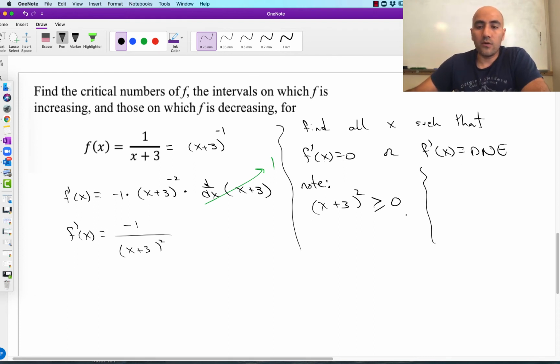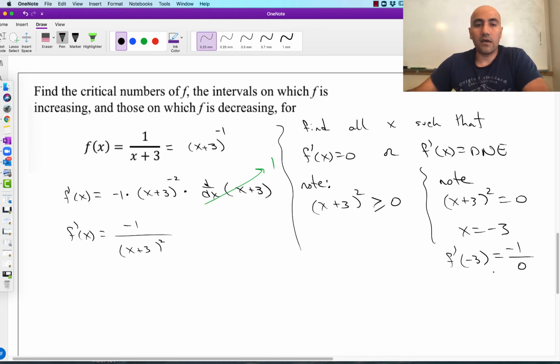What about this one? Well, the case when x equals negative 3 will cause an undefined. So note that x plus 3 squared, if we set that equal to 0, we find that x equals negative 3 will be our solution to that. So f prime of negative 3 will give me negative 1 over 0, which means that it's undefined.